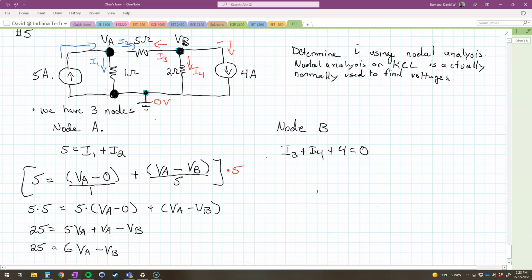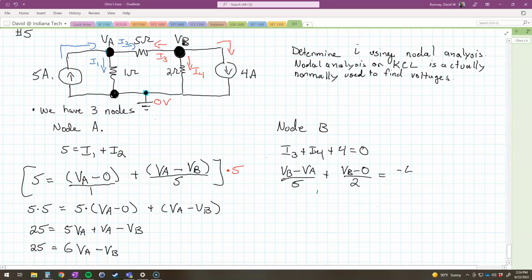I3, that I'm in node B now, so I start with the VB. So I have VB minus VA divided by 5. And then I4 would be VB minus 0 divided by 2.